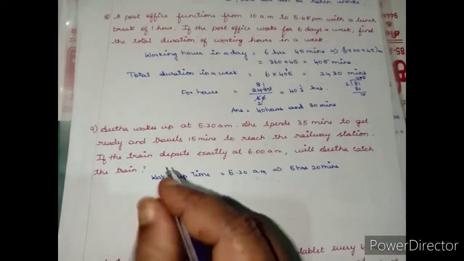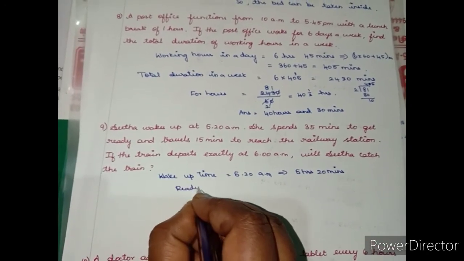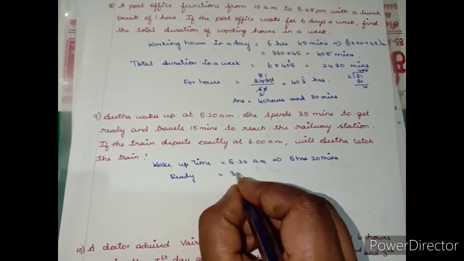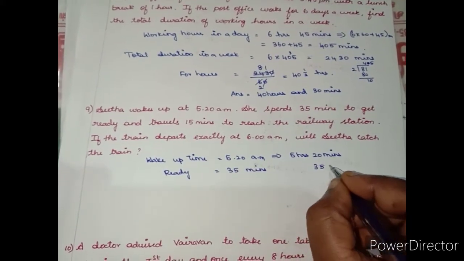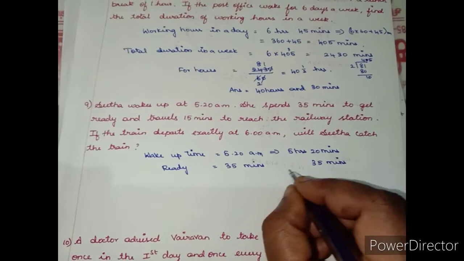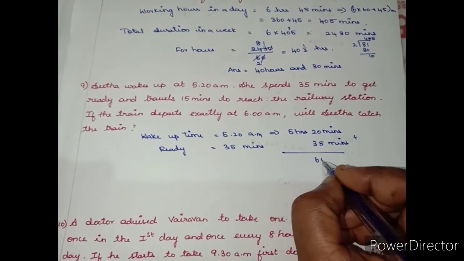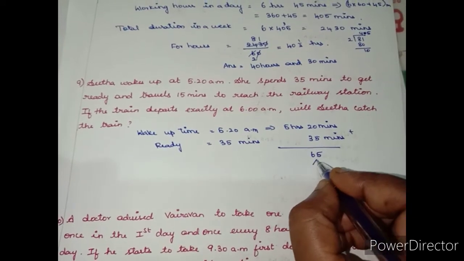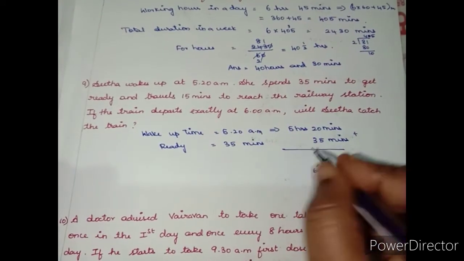She is taking ready time, 35 minutes. So plus 35. So if you add it, it is 65. So 65 means 60 minutes and 5 minutes. So 1 hour you have to give it.